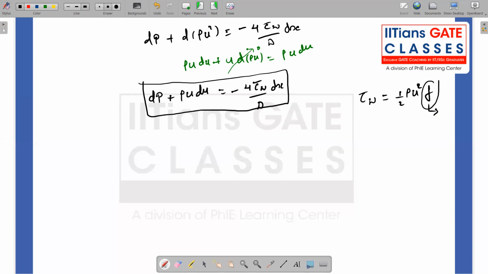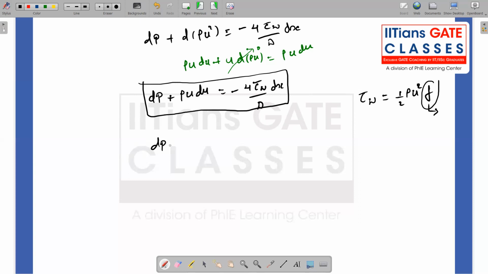What you do is a series of experiments and you try to fit the curve and find that f. Usually you calculate the drag and you calculate half rho u square, plot it as a linear graph and get the slope, and that should give you the value of f. That's the traditional way to do the empirical relation. Now I am replacing tau w in this form.